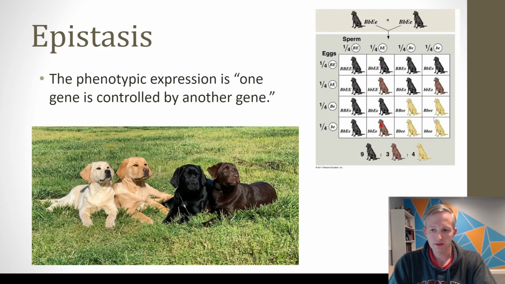So that's epistasis. And, interesting thing, you could then take a yellow lab and breed it with a black lab or a chocolate lab, and you'd have to find out, you don't know what the dog is coding for until it has puppies, and then you're like, whoa, you're actually a black lab, but it's just shielded by epistatic effects. So cool example.